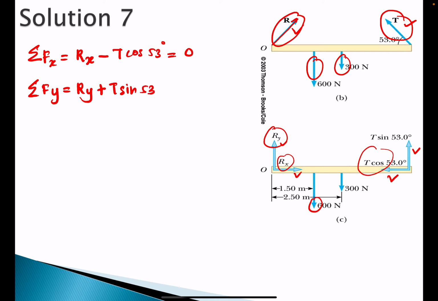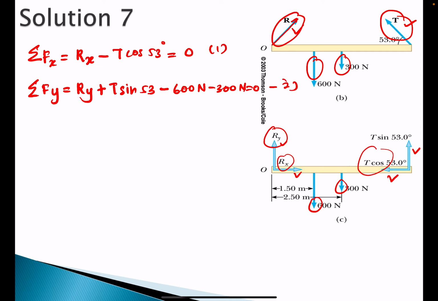You have 600 Newton and 300 Newton. So minus 600 Newton and then minus 300 Newton. You get equals to 0. So this is the first equation.